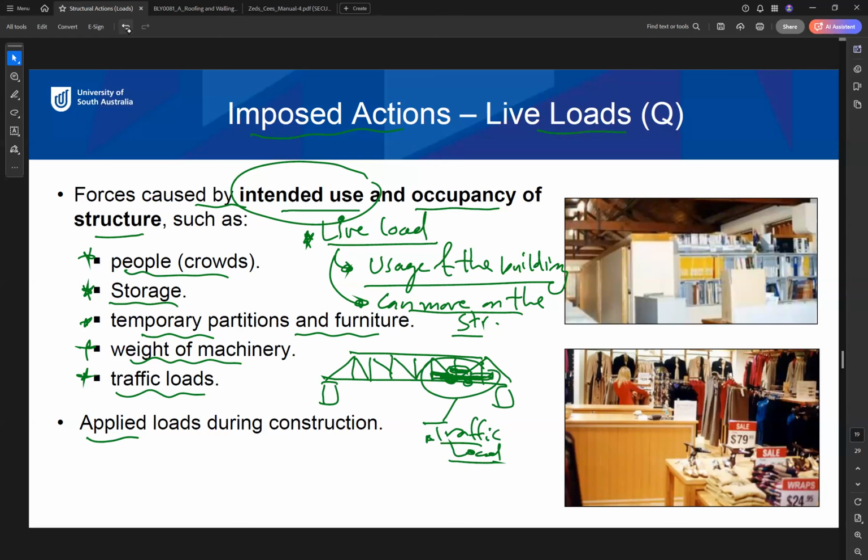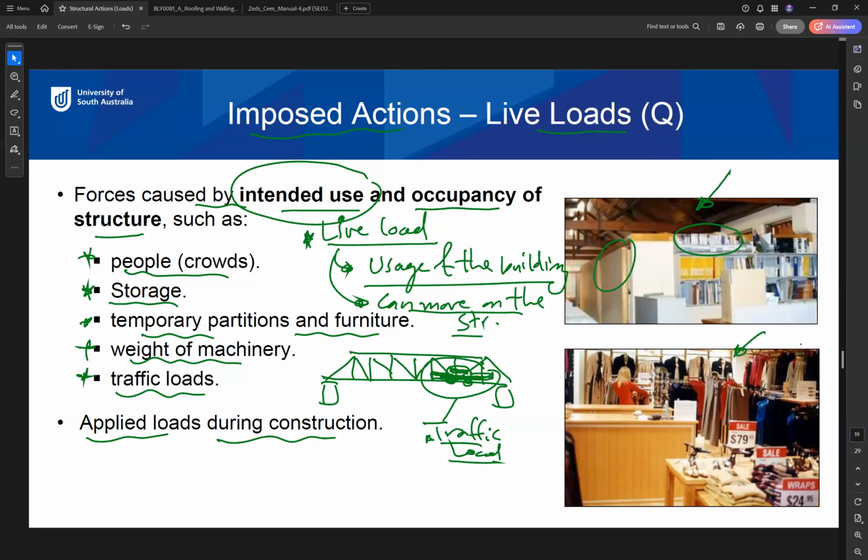And what else? Any applied load during construction, similar to the photo we have seen earlier, when the crane was on the top of the building to lift the heavy material to the roof. Here in this image, for example, we have a library again. So the books and the bookshelves and people inside the building are considered as live load.